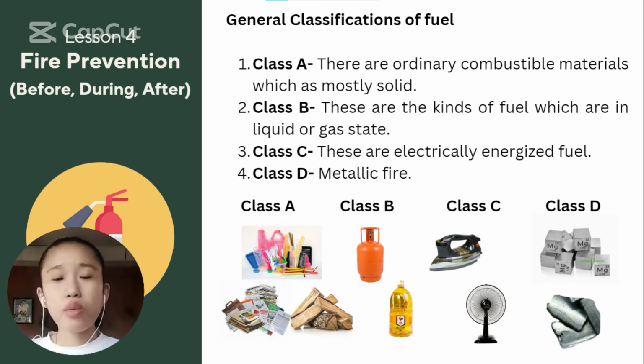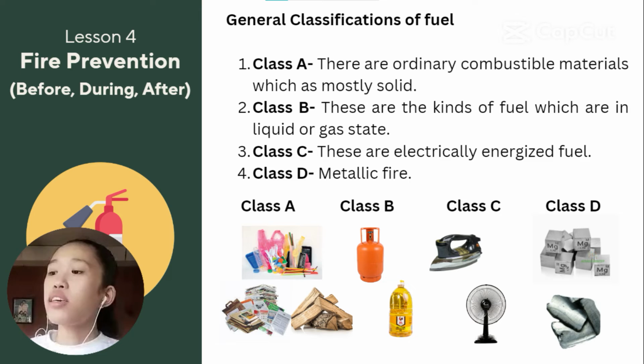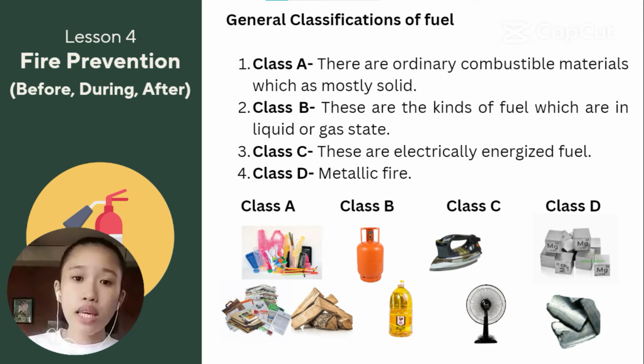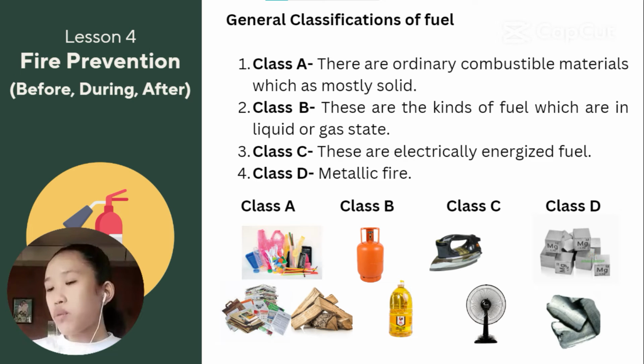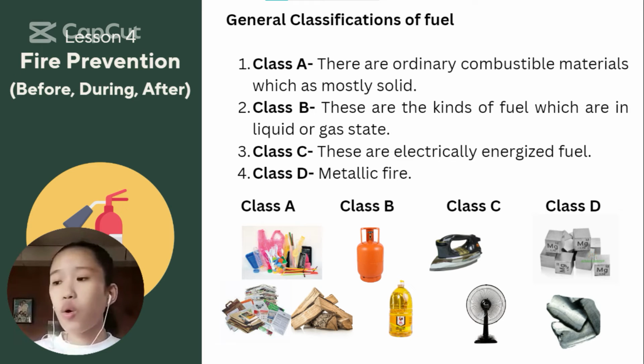So in this slide, we are going to talk about the general classifications of fuel. Number 1, class A, these are ordinary combustible materials, which are mostly solid. Examples of class A are plastics, woods, and papers. As you noticed, the examples are light materials that are easily burned. Number 2, class B, these are kinds of fuel which are in liquid or gas state.